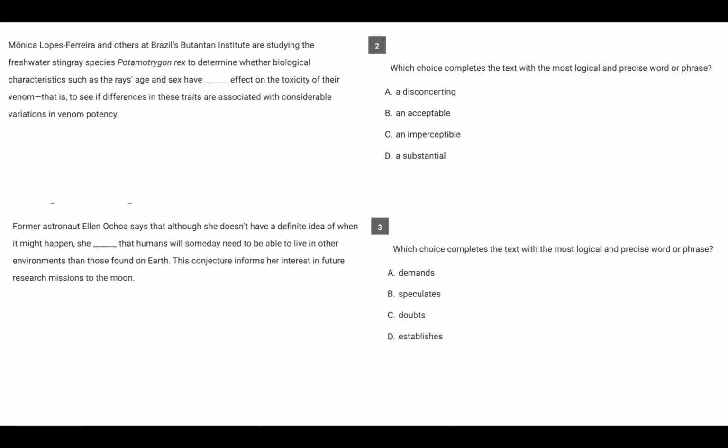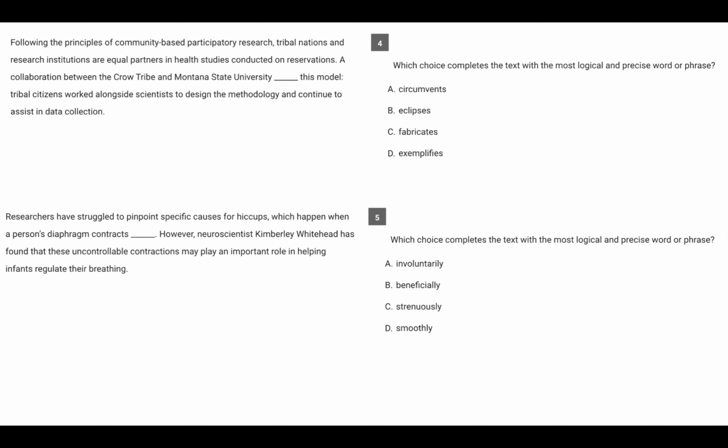But if she has interest in future research missions to the moon, how can she doubt that humans will someday need to be able to live in other environments than those found on Earth? This doesn't match the logic of the passage at all. And establishes. No, establishes is when you're 100% certain about it, but that's not the case. It is clearly being said in the passage that she doesn't have a definite idea. So if she does not have a definite idea, she cannot establish. So B is the only correct choice.